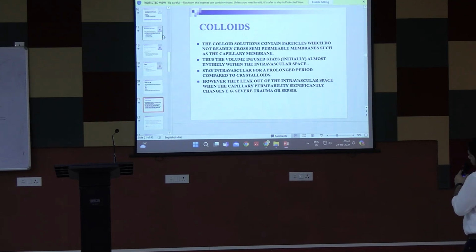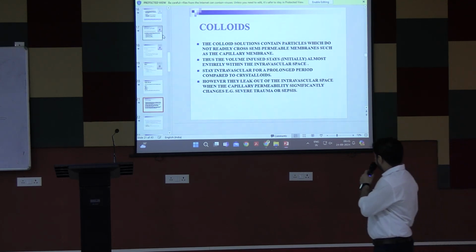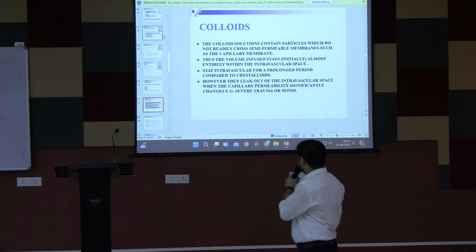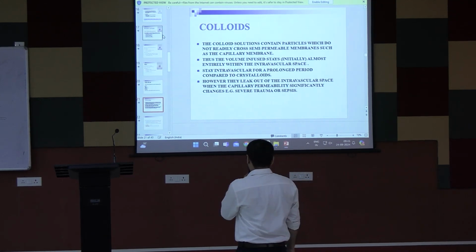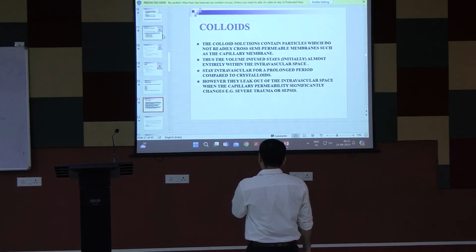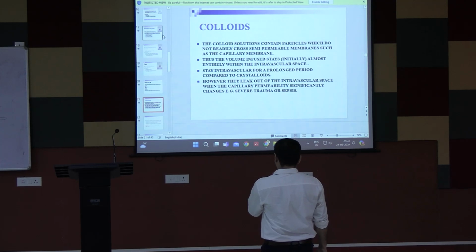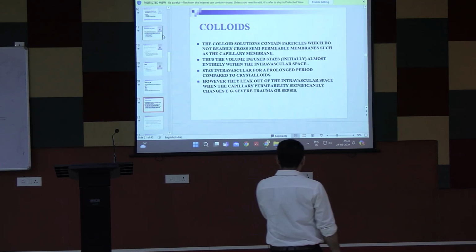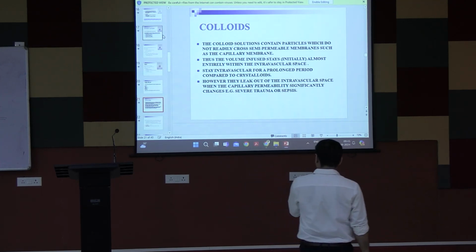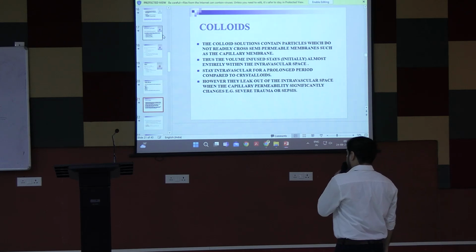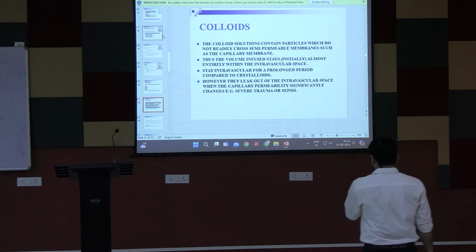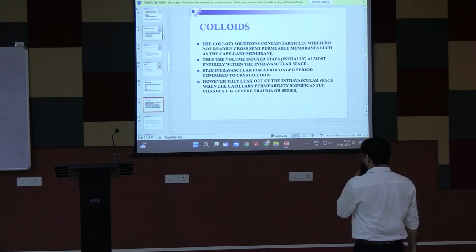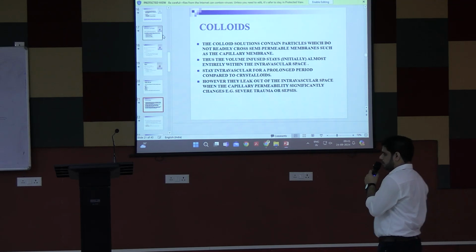Colloids: the colloid solution contains particles which do not readily cross a semi-permeable membrane, such as the capillary. Thus, the volume infused stays initially almost entirely within the intravascular space, and stays intravascular for a prolonged period compared to crystalloid. However, they leak out of the intravascular space when capillary permeability significantly changes, for example in severe trauma or sepsis.